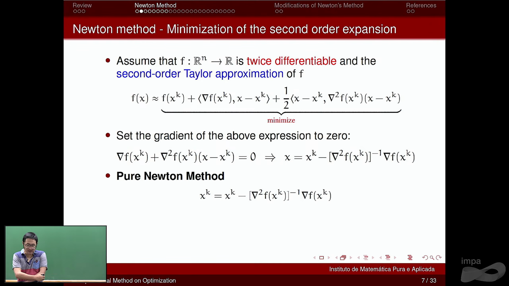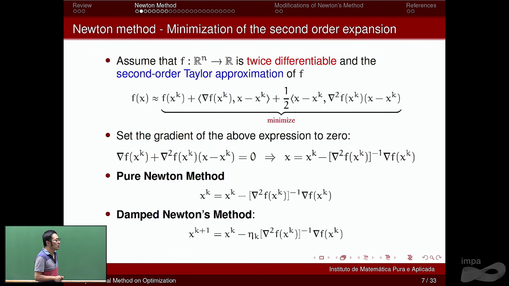Because here we do not have a step size, it looks like we do not have one, but the step size equals 1. If we want a step size that is not fixed, we can give a step size like eta k. It's called damped Newton method. So the key point of the Newton method is using the second order approximation and minimizing it, and then you will get an equation.